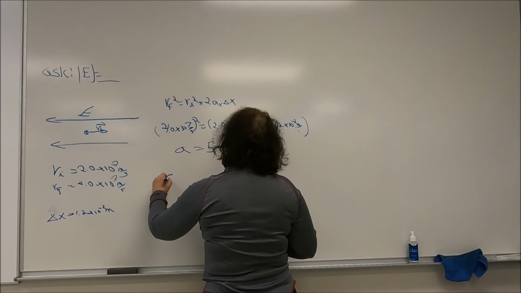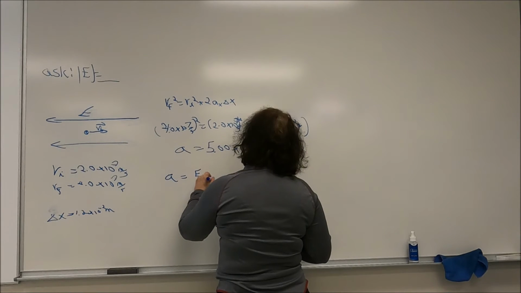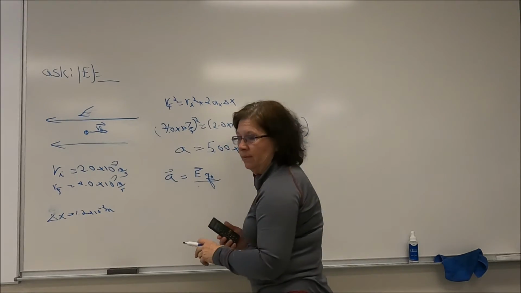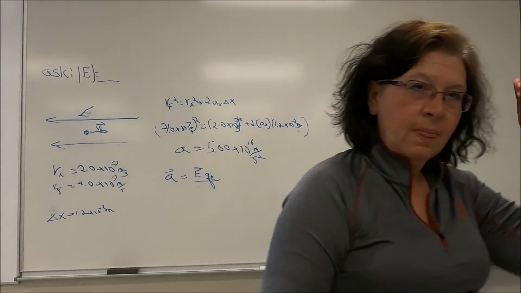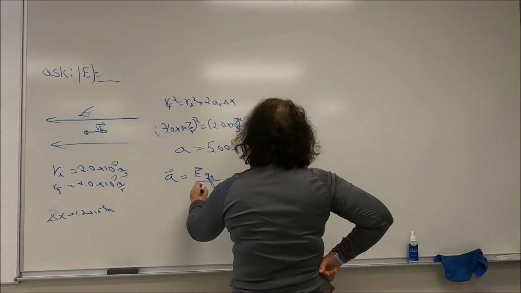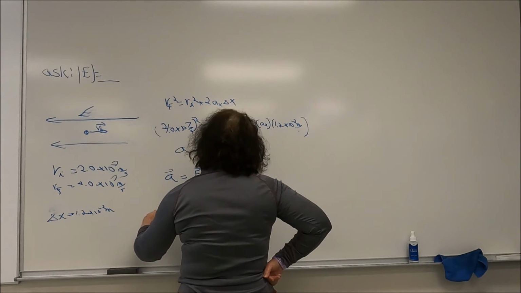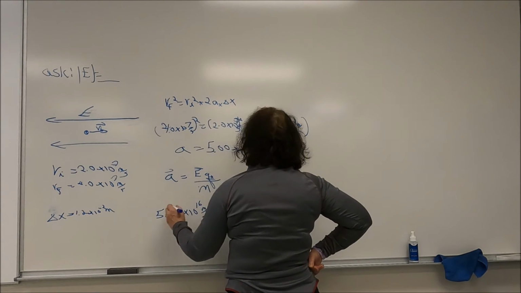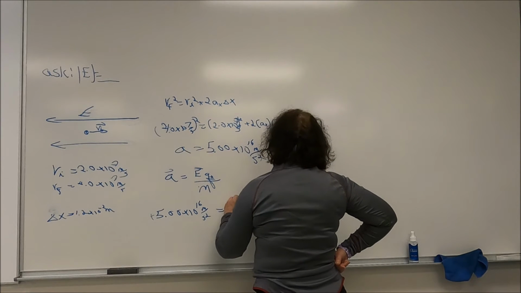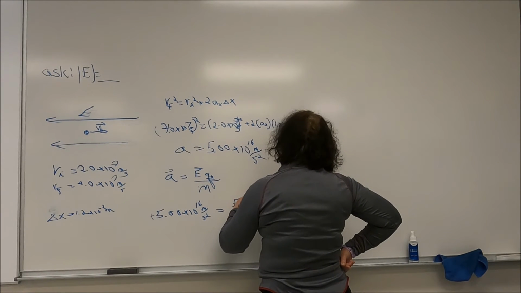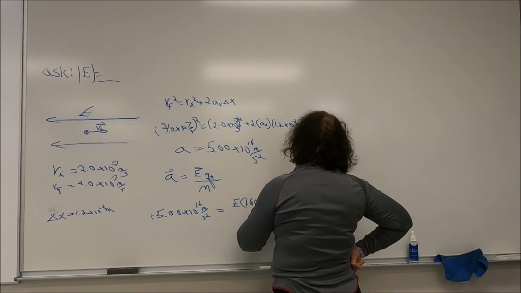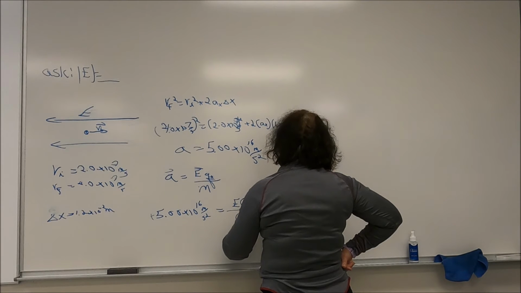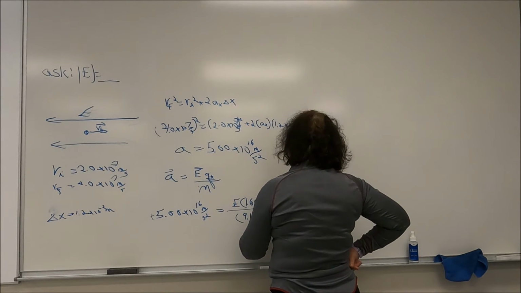So the acceleration equals E times QT over the mass. So I've got 5.00 times 10 to the 16 meters per second squared, and it's in the positive direction, has to equal E times 1.60 times 10 to the minus 19 coulombs over the mass, which is 9.11 times 10 to the minus 31 kilograms.